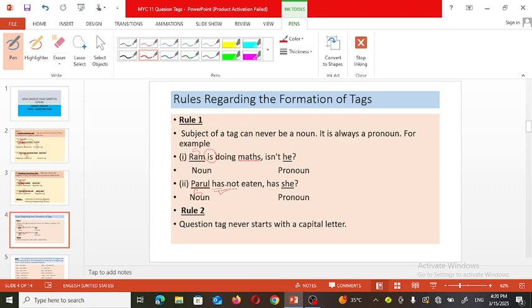As the statement is negative, our tag will be positive: has she? So the sentence will be: Parul has not eaten, has she? Now the second rule. A question tag never starts with a capital letter. So whenever we add this tag, we must not write capital letters.